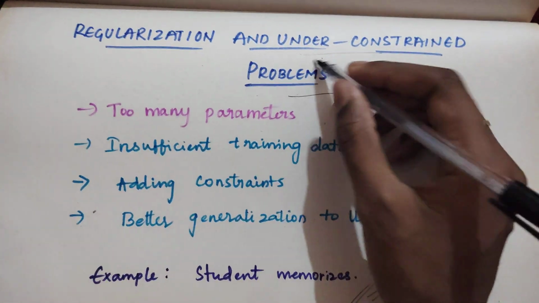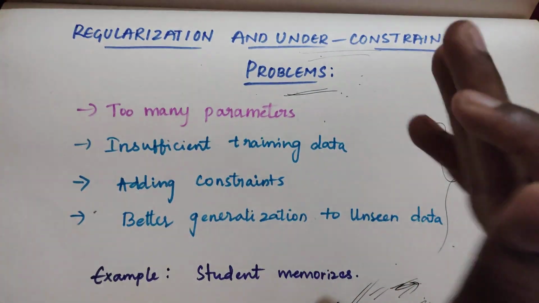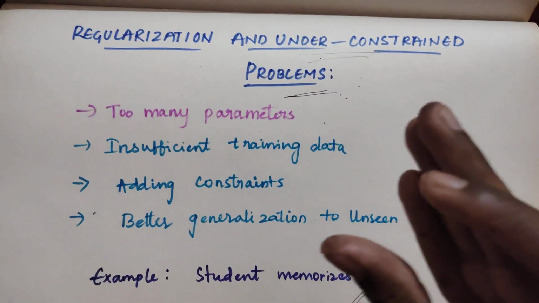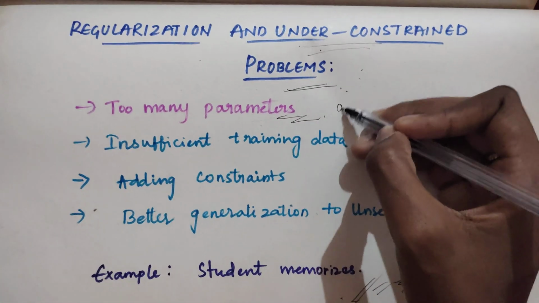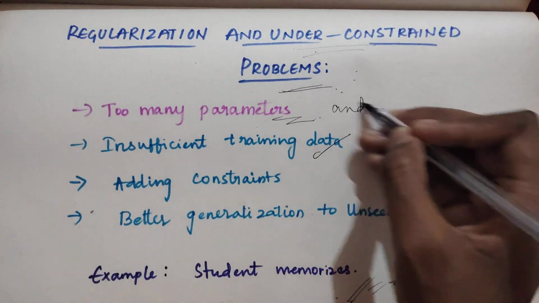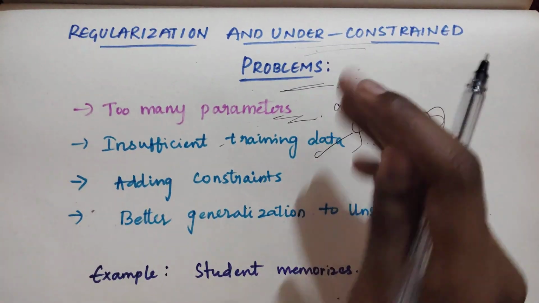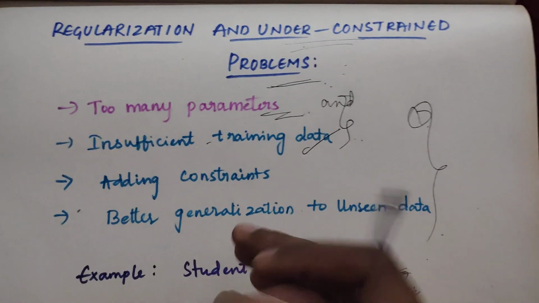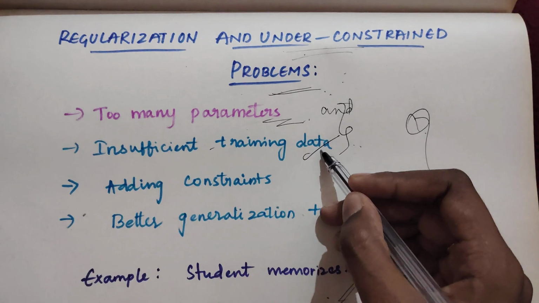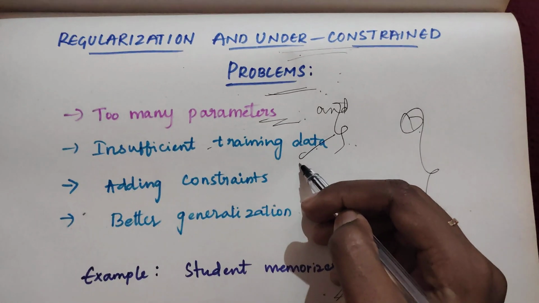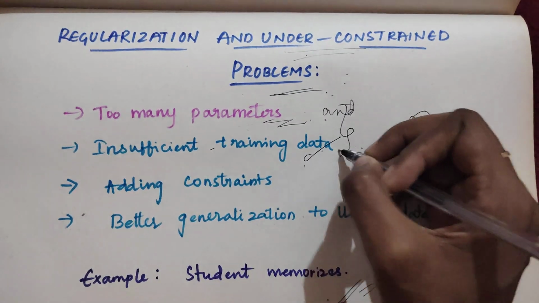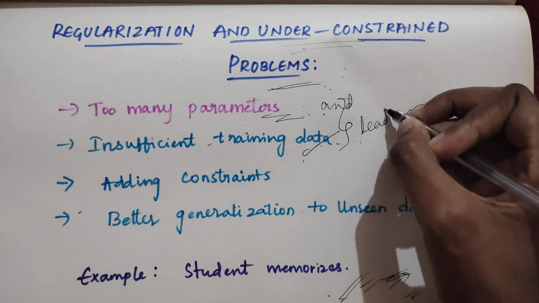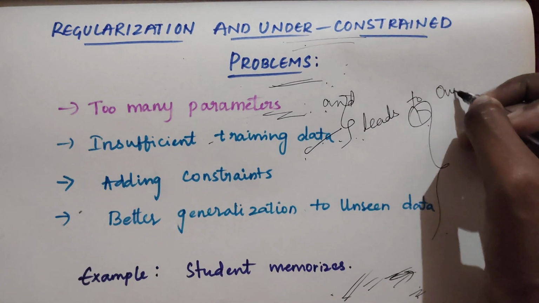Clear? Now what happens if you have too many parameters and insufficient training data? It leads to overfitting, right?